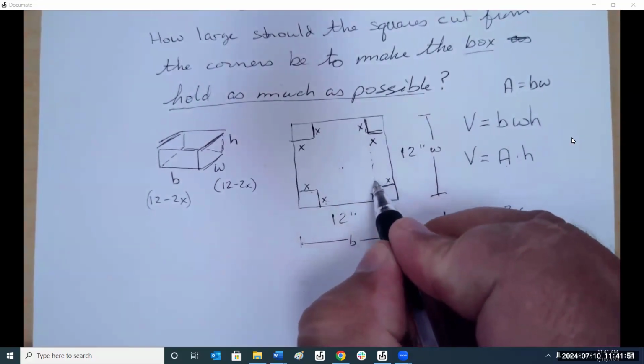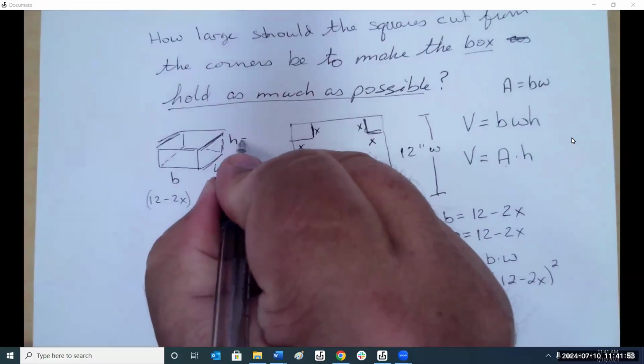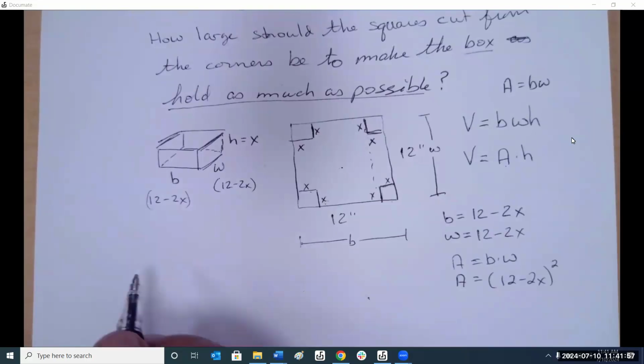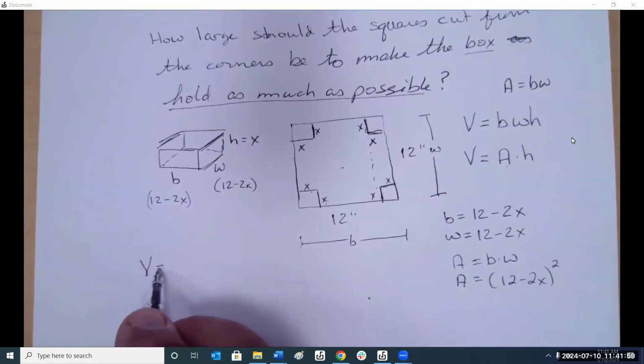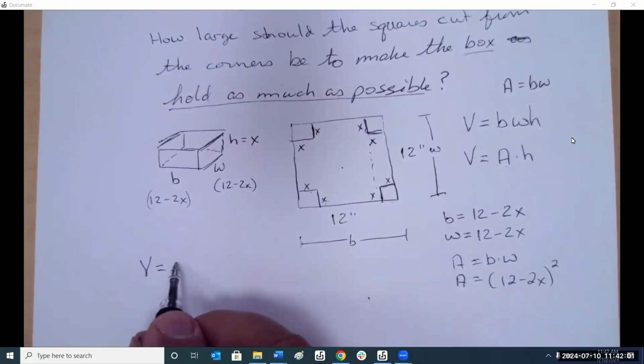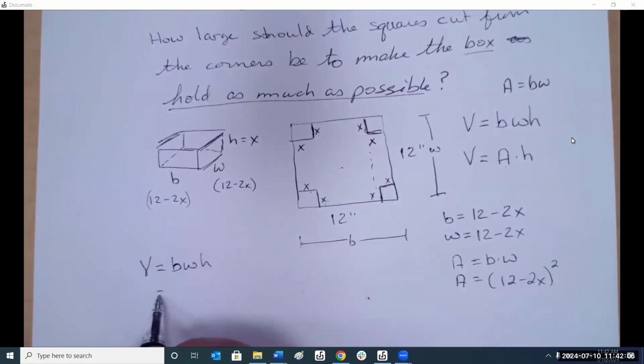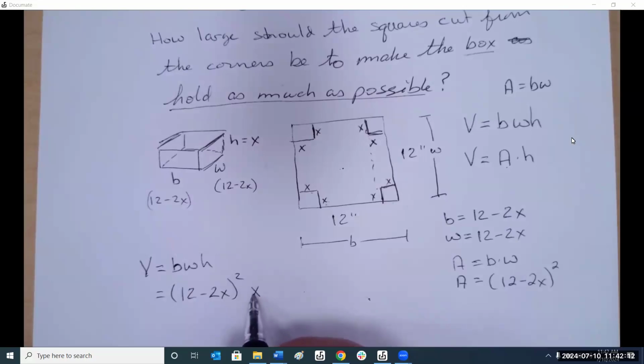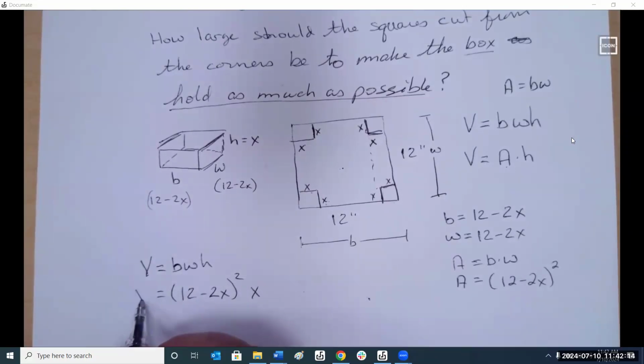Because if we fold it here, it's x units. So our volume is base times width times height, which makes it 12 minus 2x squared times x. That's our volume.